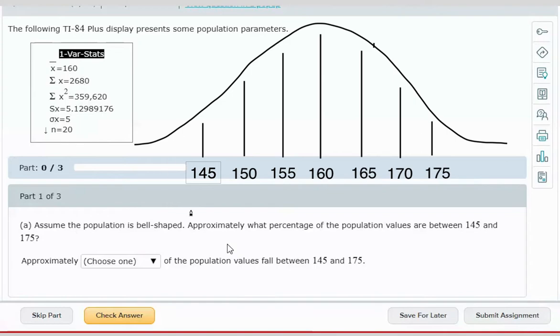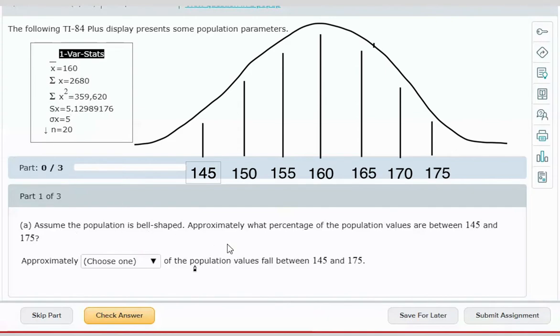Okay, so it makes all of the other questions quite a bit easier. So this says approximately blank of the population values fall between 145 and 175. Whatever numbers they give you here are always going to be numbers that you've just found. And then there's rules that go along with it depending on which lines those numbers correspond to.